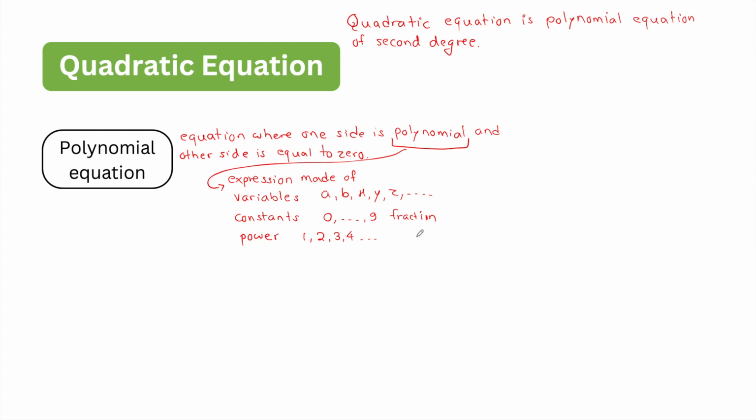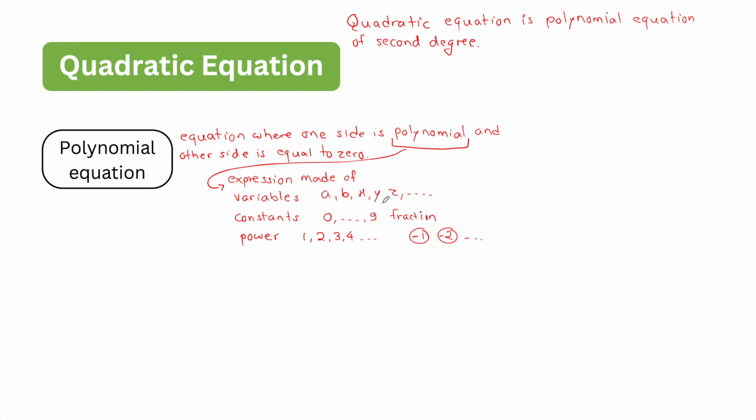You cannot say polynomial if the power is -1 or -2 and so on. If there is a negative power, then we cannot say it is polynomial. So we understand polynomial equation: an equation where one side is a polynomial and the other side is equal to 0, where a polynomial is an expression made of variables, constants and powers, and in a polynomial the power must always be positive.